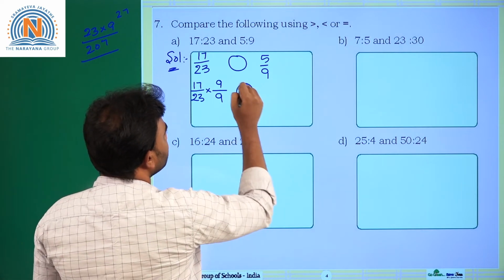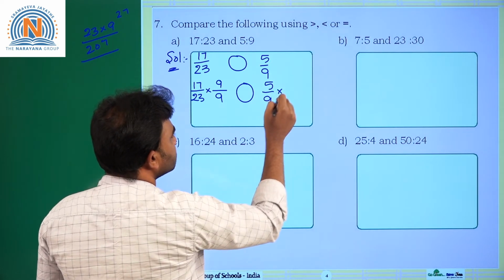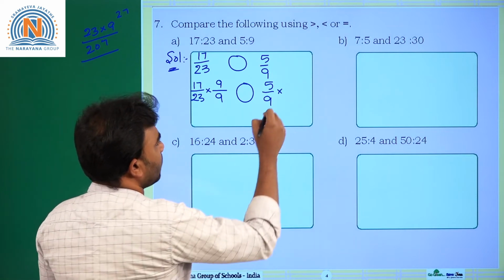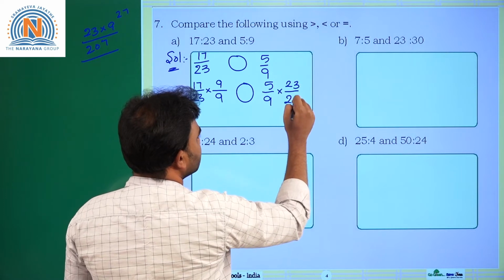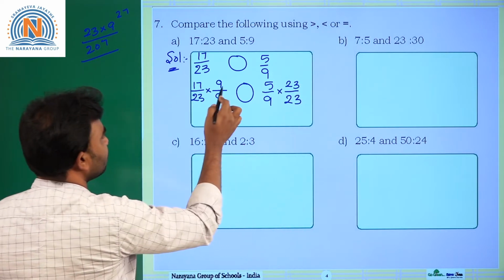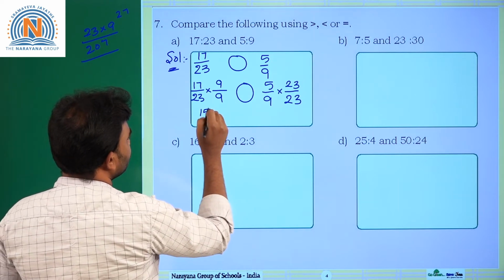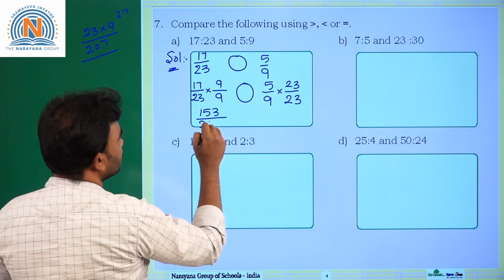And coming to 5 by 9, to get 207 as the denominator, we have to multiply it by 23. If you multiply 17 into 9, 17 nines are 153, and 23 nines are 207.